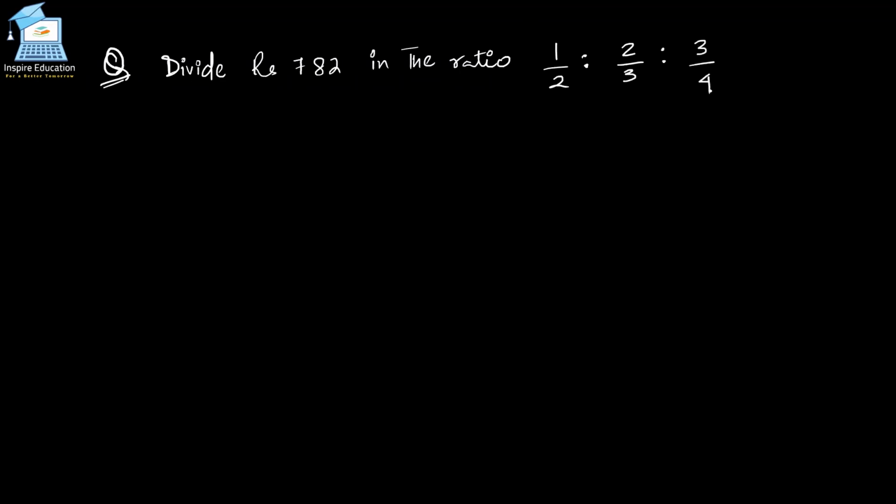Divide rupees 782 in the ratio half is to 2/3 is to 3/4. Okay, so this is the question.